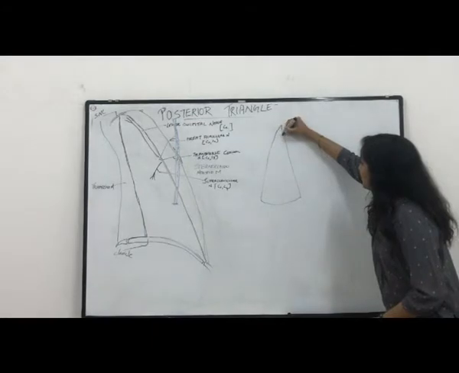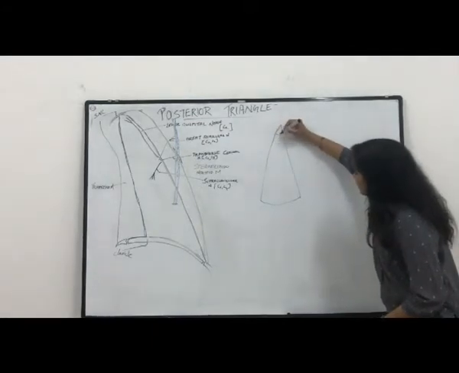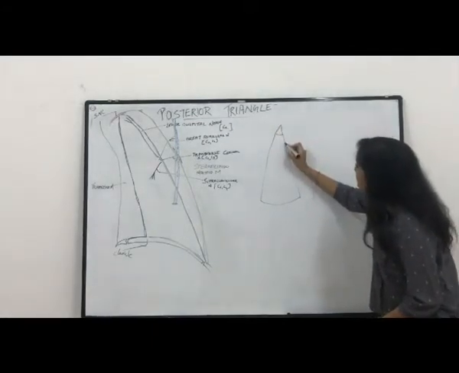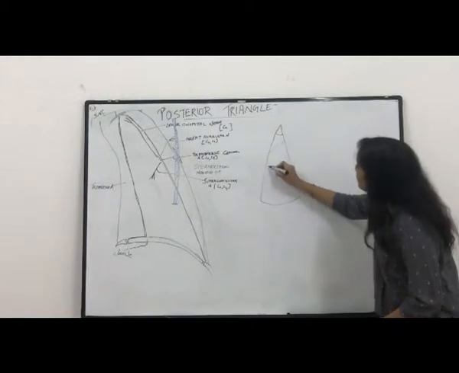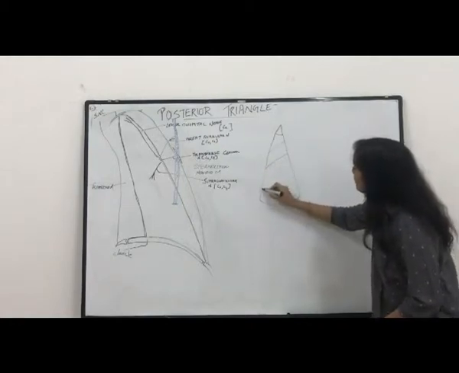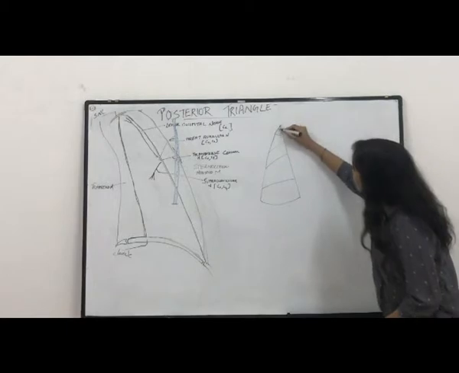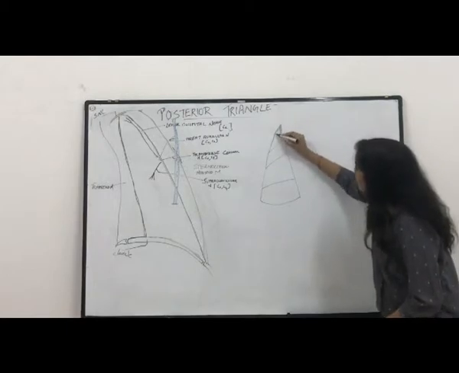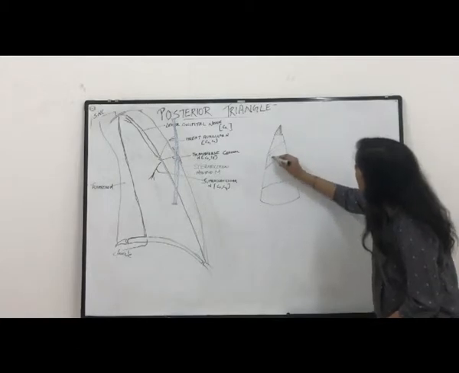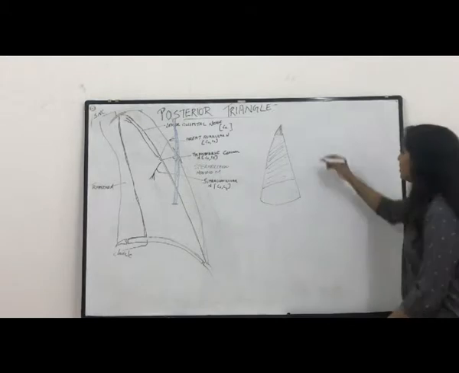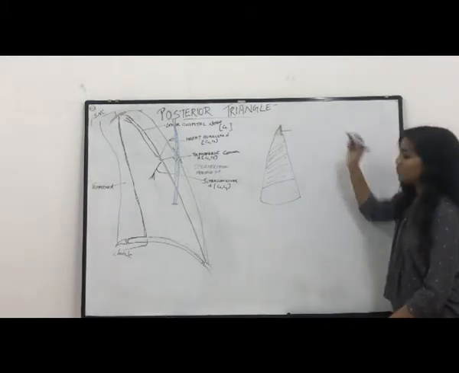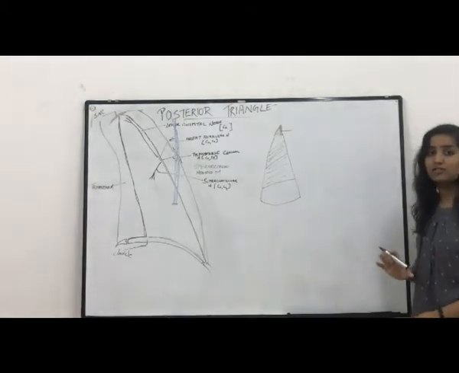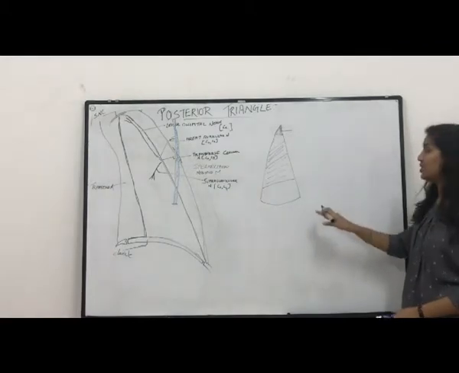So basically 5 muscles form the floor of the posterior triangle.